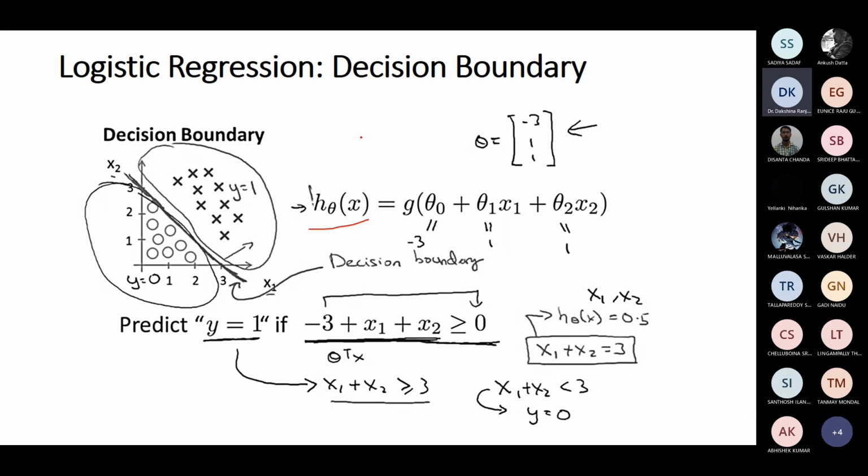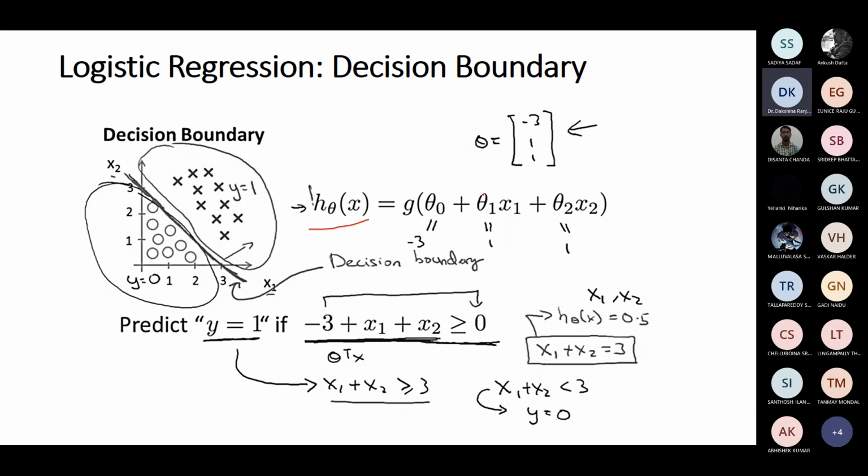If we remember the parameters in the straight line equation, m and c, similarly here we get theta 0, theta 1, theta 2. So theta 0 is equivalent to the intercept c, and theta 1 and theta 2 are equivalent to the slope m.